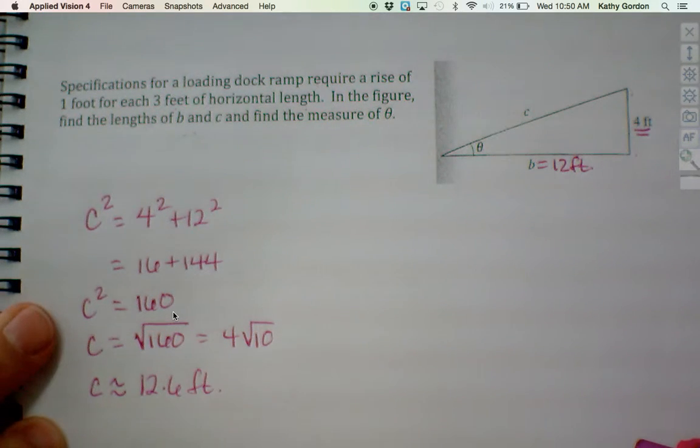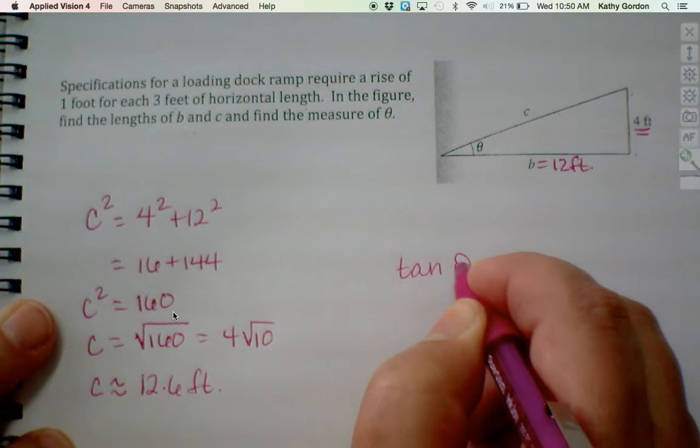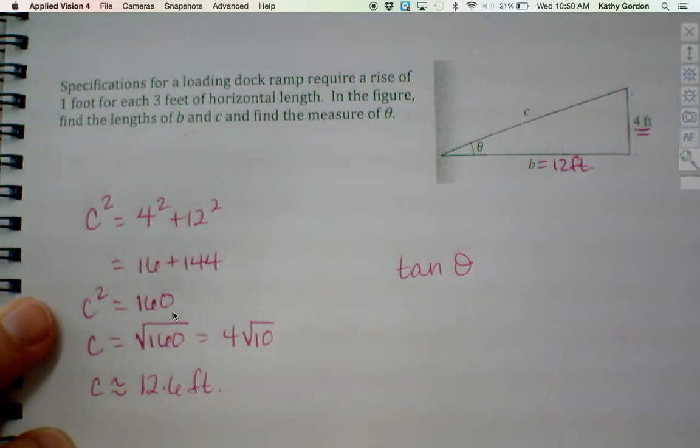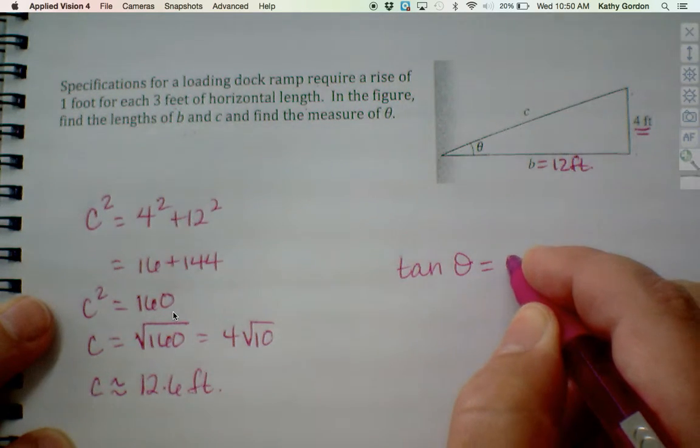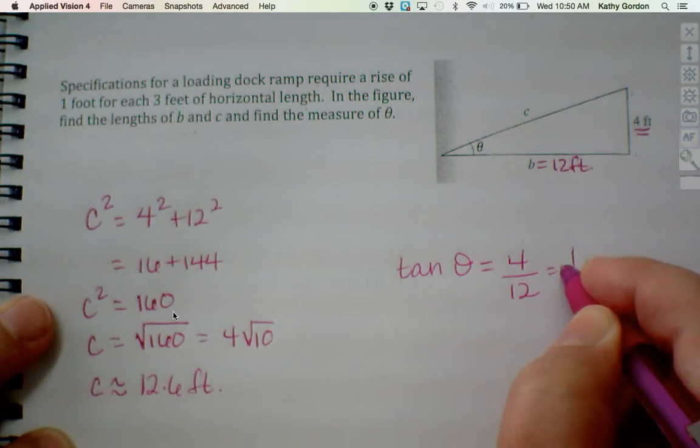Any idea what I could set up using that theta that's going to help me solve for something? Okay, I did tangent theta. How's that help? Okay, so we want an equation, right? Because we want to solve something, so we got to have an equation. So if we decide to go with tangent of theta, that's going to be equal to 4 over 12, which is 1/3, okay?